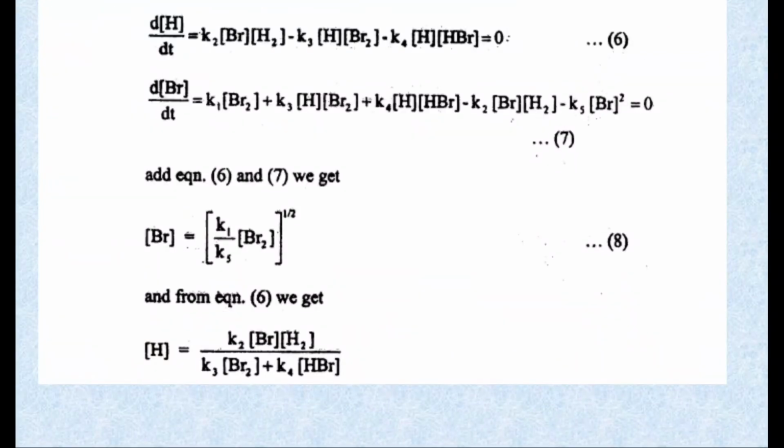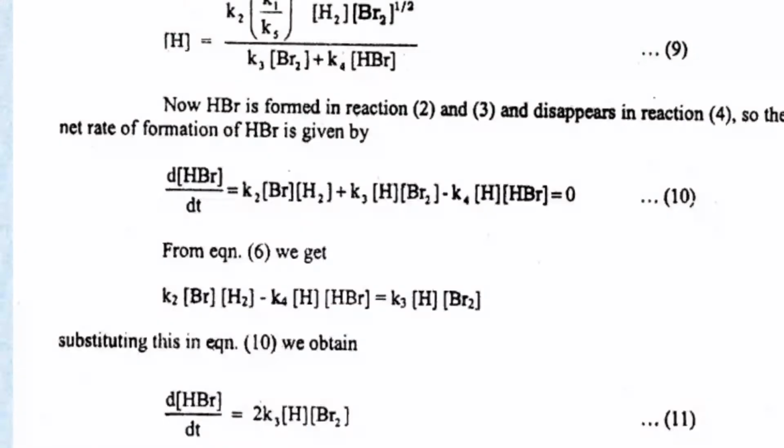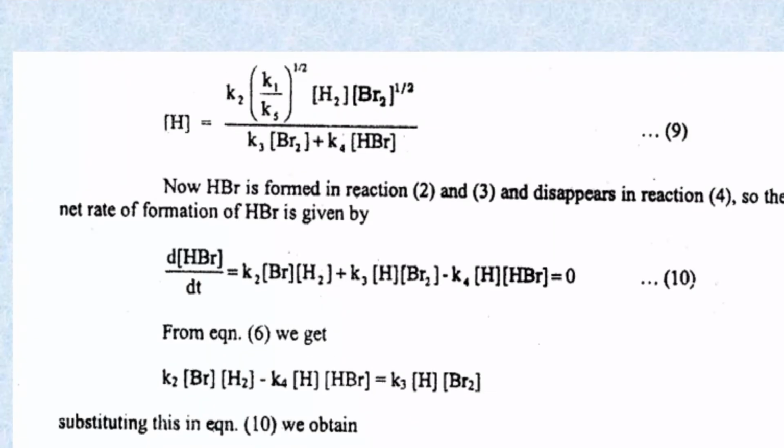And from equation 6 we get [H] = k2[Br][H2] / (k3[Br2] + k4[HBr]).